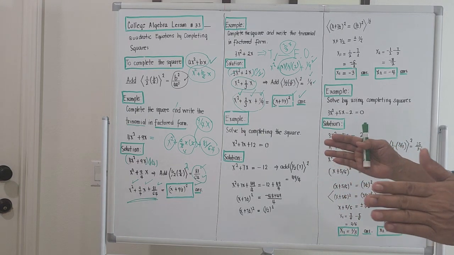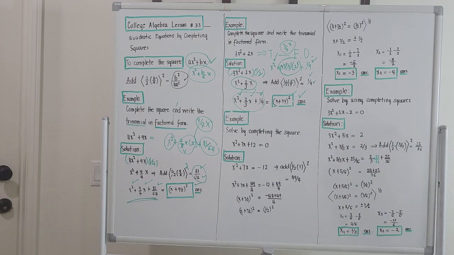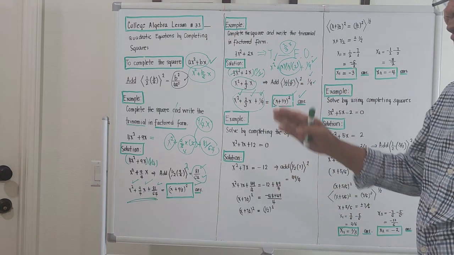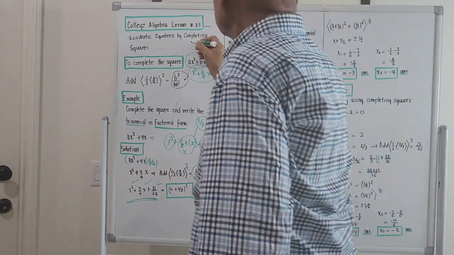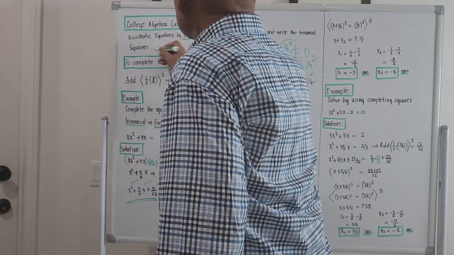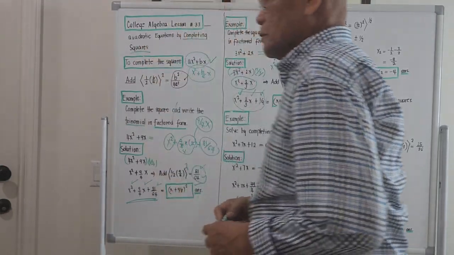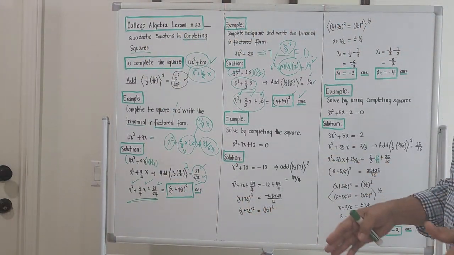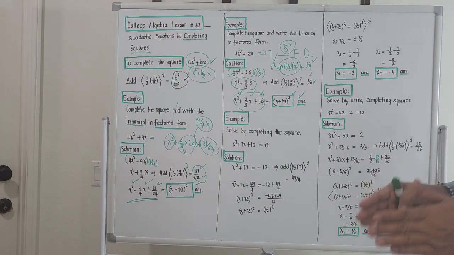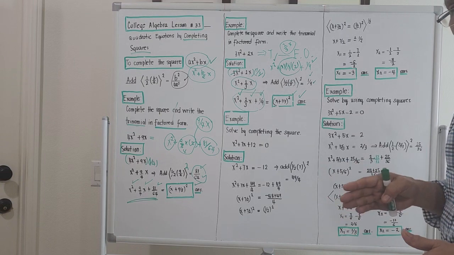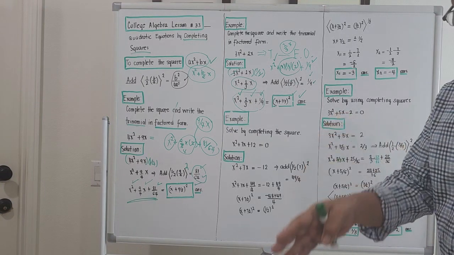Okay, the next part of the lesson will be solution of a quadratic equation by completing squares. We shall bring out the solution of a quadratic equation by completing squares. Actually, the quadratic formula emanates from the solution by completing squares.